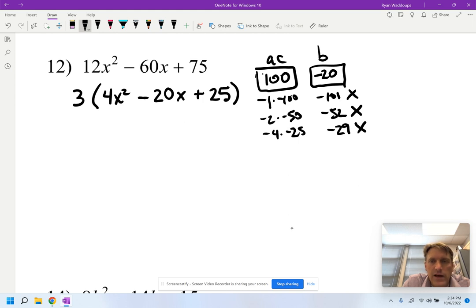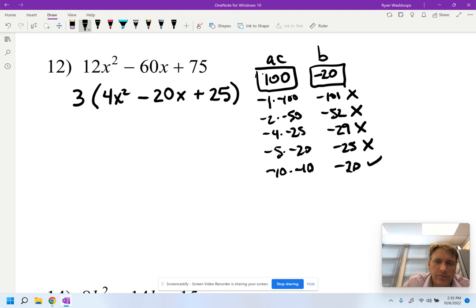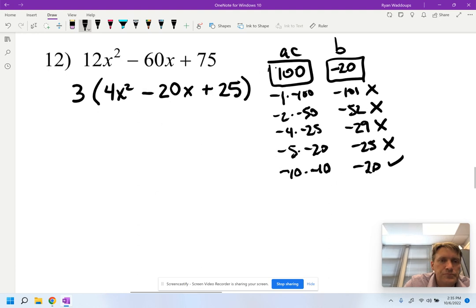Still no. Negative 5 times negative 20, negative 25. No. 6, 7, and 8 won't go into 100. 9 won't, but 10 will. So negative 10 times negative 10 is 100, and those add up to negative 20. So our numbers are negative 10 and negative 10.